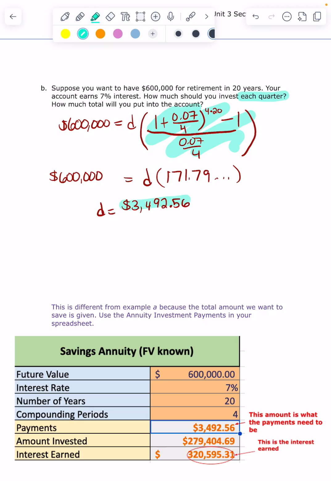Those are the payments that you have to make. The amount needed to invest each quarter to make the goal.